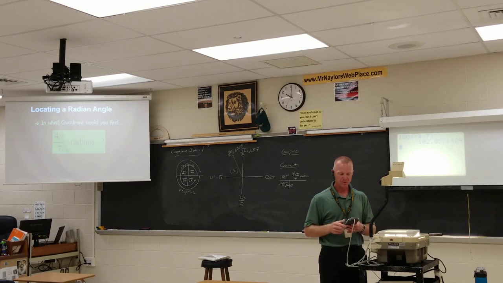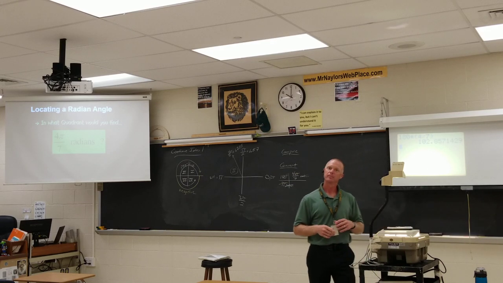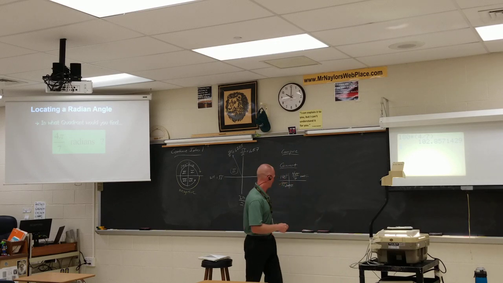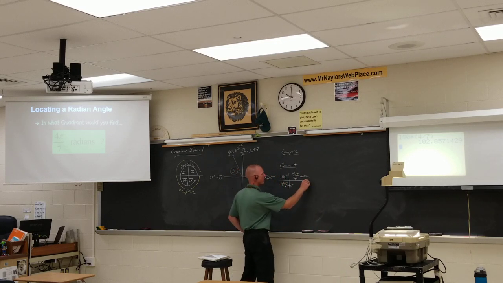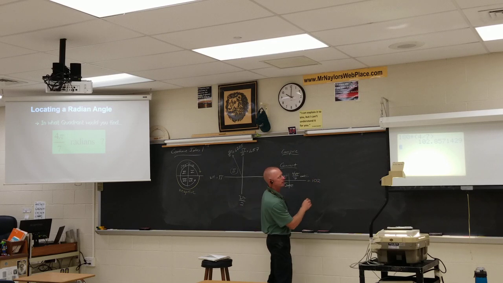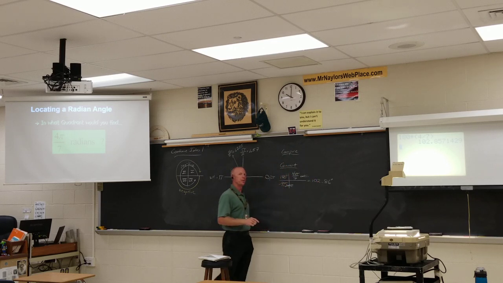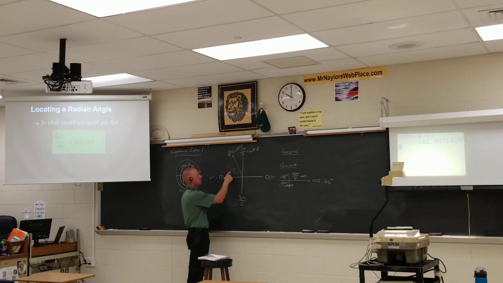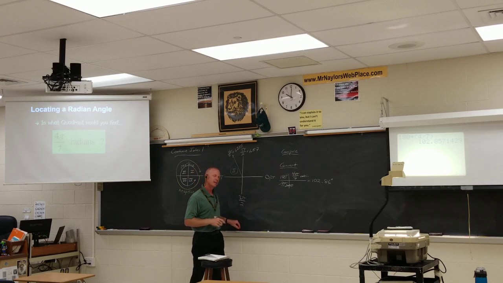Now, 4/7 of 180 gives us 102 degrees. And so I think we all know where 102 degrees would be, plus some. But the bottom line is we know that 102 degrees is over here in quadrant 2. And so that's another way that we can start to make sense of radians.